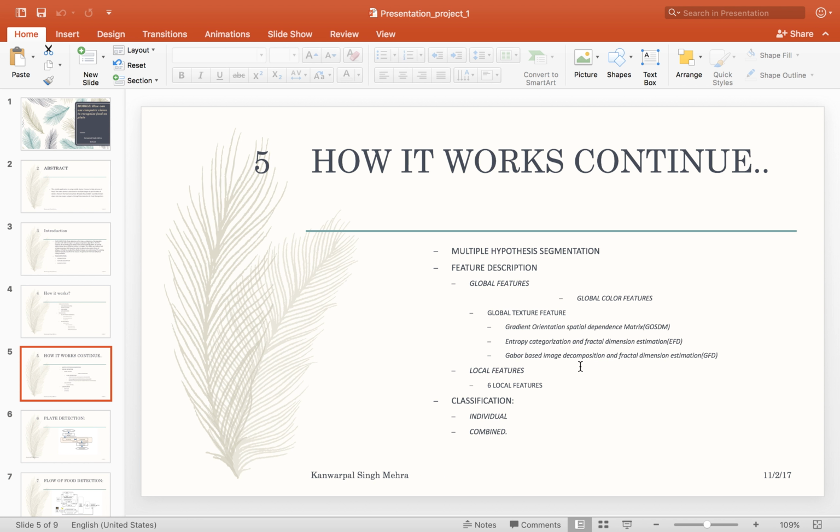After the classification, we get individual results, then we combine those results, and at the last we make our final decision that this segment belongs to this class of image which we have in our training set. So this is how we eventually get what food is present in the plate.